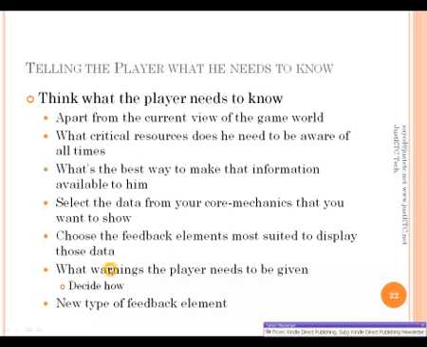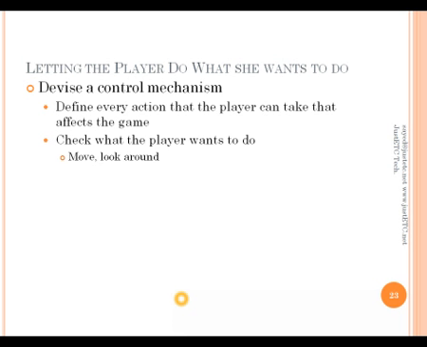What warnings the player needs to be given at different points of the game. And your game may need a new type of feedback element. It can be some unique element nobody did before. You are trying to make a unique game, so your game may need some unique element, so you have to design those elements as well.